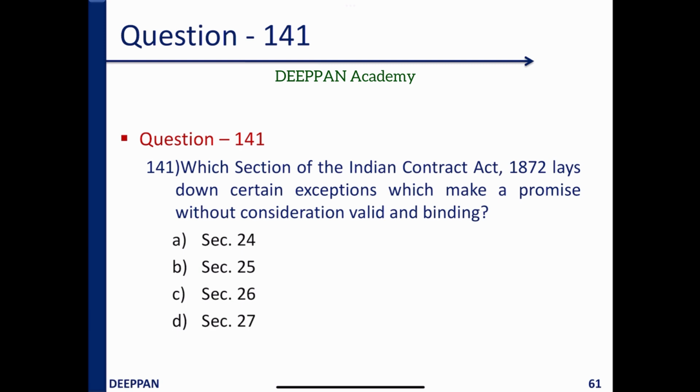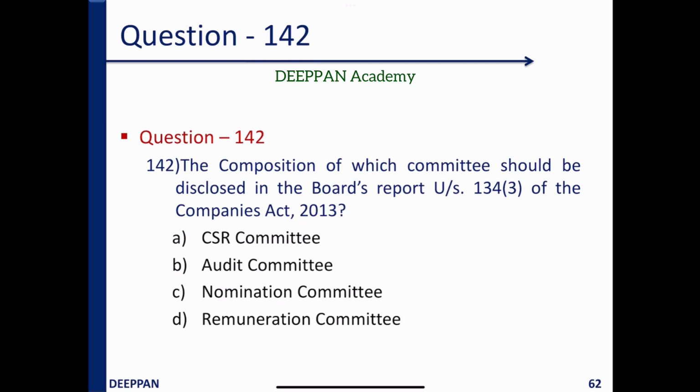Which section of the Indian Contract Act 1872 lays down certain exceptions which make a promise without consideration valid and binding? Section 25. The composition of which committee should be disclosed in the board's report under section 134(3) of the Companies Act 2013?